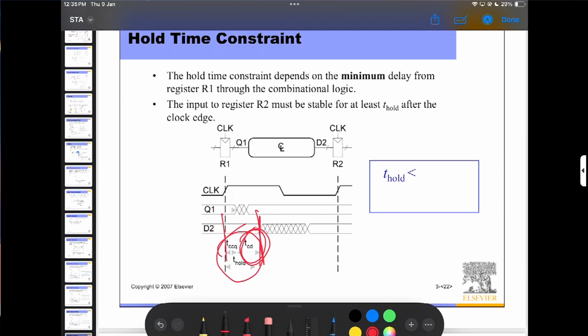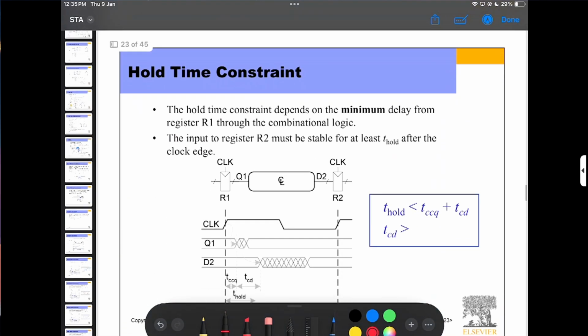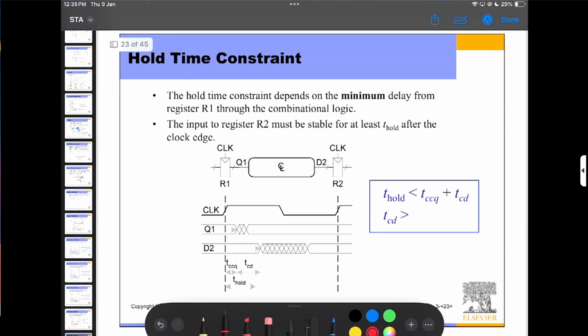The hold time constraint depends on the minimum delay from register R1 through the combinational logic. The input to register R2 must be stable for at least T hold after the clock edge.